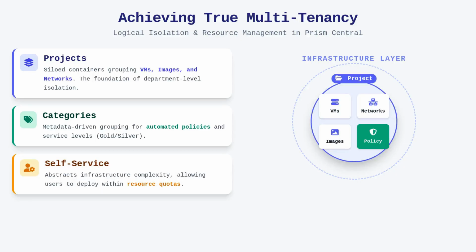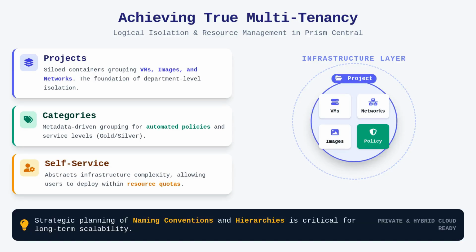For a self-service end user, the existence of projects abstracts the complexity of the underlying infrastructure, allowing them to focus on deploying workloads within their resource quotas. Relying on these structures is particularly advantageous in hybrid or private cloud deployments where resource contention is a frequent concern. It requires careful planning to ensure that the project naming conventions and category hierarchies remain intuitive and manageable over the long term.